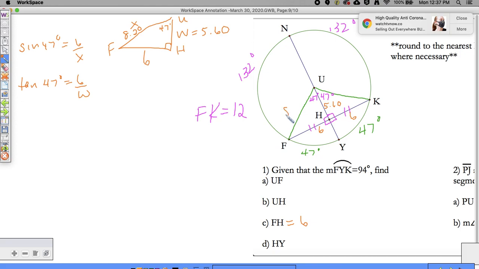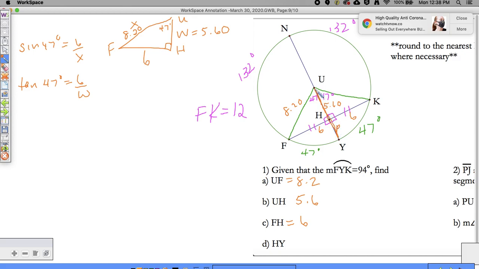This over here is 8.20. So if you look at UF is a radius. So that means all the radii in the circle. So this is equal to 8.2. And then we know UH is equal to 5.6. But they only asked us to find out what the length of this little piece is. And if I were to call this, say, P, I know that UY is how much, friends?